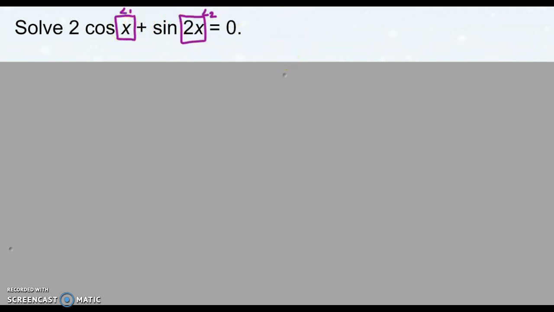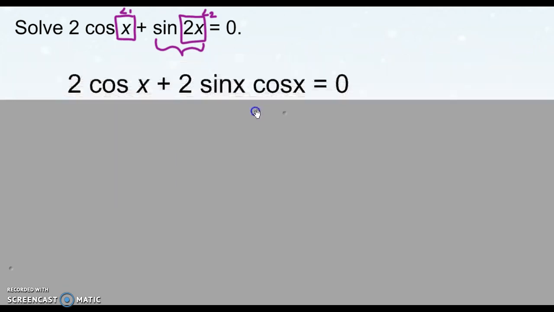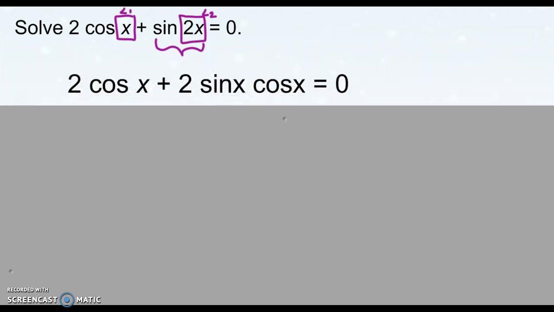So we can use that to our advantage, and we can reduce that and plug in one of our equations for the sine of 2 theta, or 2x, by putting in 2 sine x cosine x, because that's the formula for the double angle of sine. Now we're all talking about the same angle x.